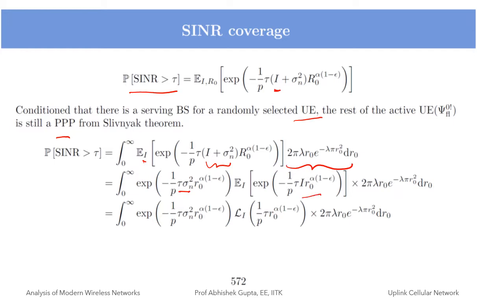The noise term does not have I, so it is taken out of the expectation, and the rest has an expectation with respect to I of the form exponential to the power minus some coefficient times I, and that is nothing but the Laplace transform. So I can write the Laplace transform of interference calculated at the value tau r0 to the power alpha over p, times 1 minus epsilon, and the noise term is also here, and this is the distribution of R0 for which we have to compute the expectation.